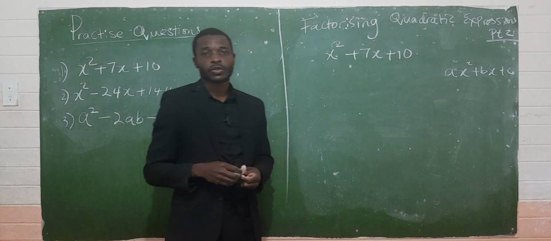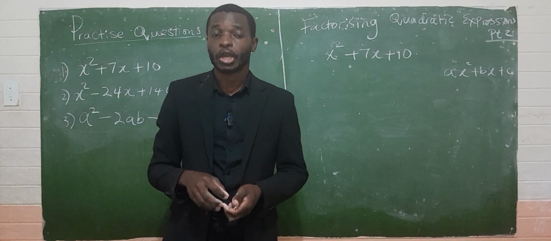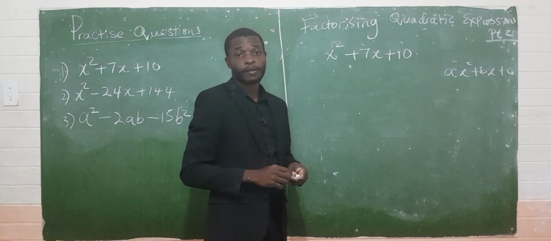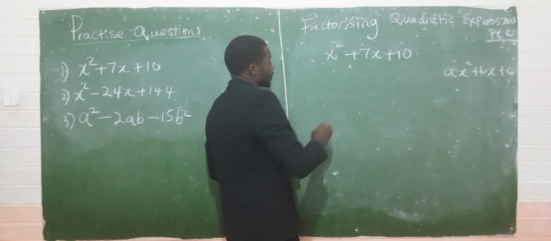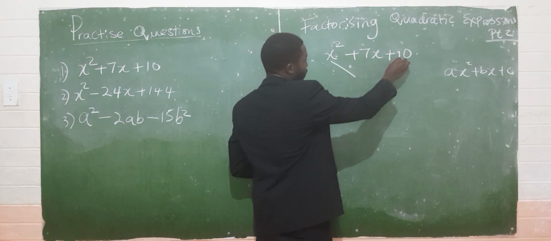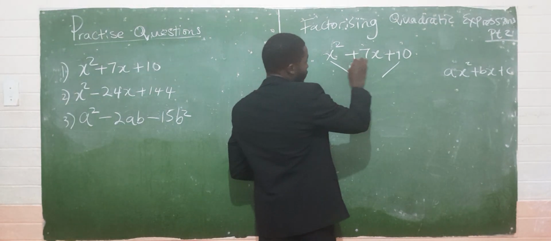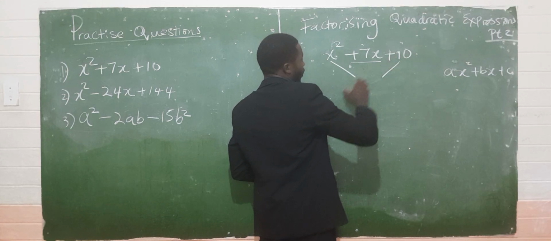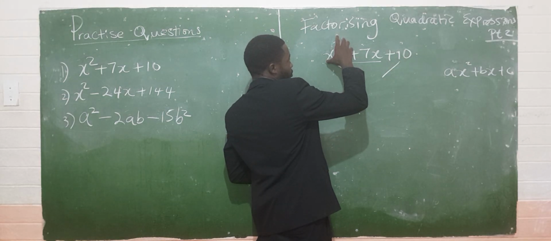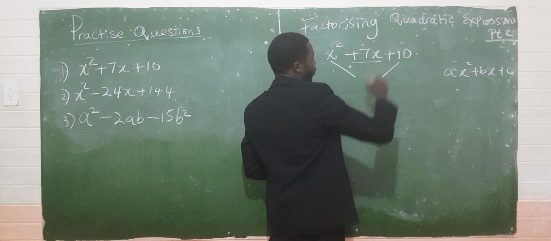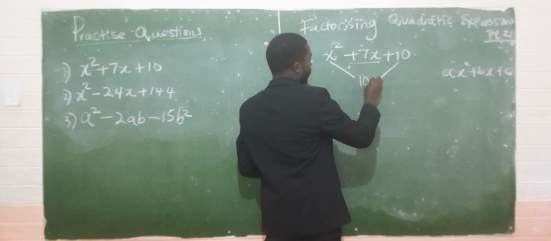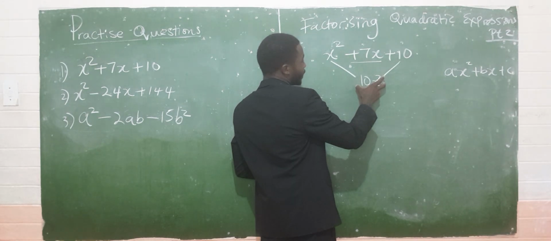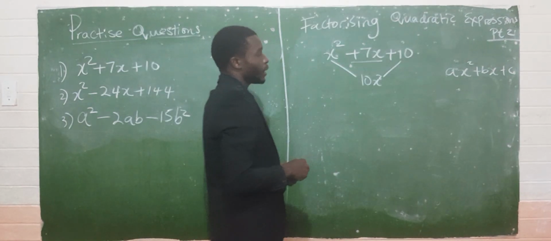Now, the method we shall use to factorize this is called grouping, and this gives this expression a very unique property in the sense that there is a relationship between the product of these two and this middle term. If you multiply this term and this term, which is the highest power of x and the lowest power of x, we get 10x squared. And this 10x squared is related to this 7x.